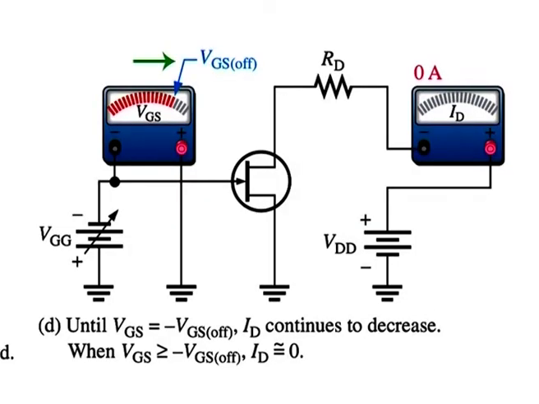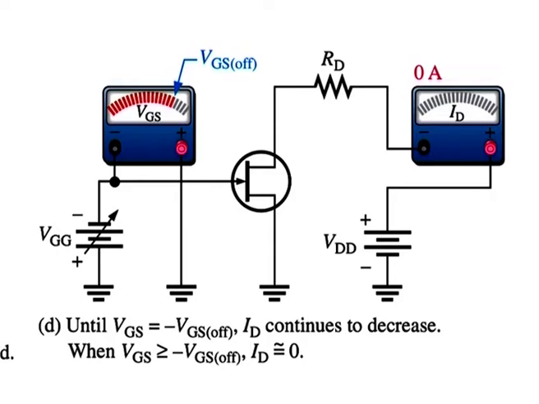The value of VGS that makes ID approximately 0 is the cutoff voltage VGS(off), as shown in part D of the figure. The JFET must be operated between VGS equal to 0 volts and VGS(off).